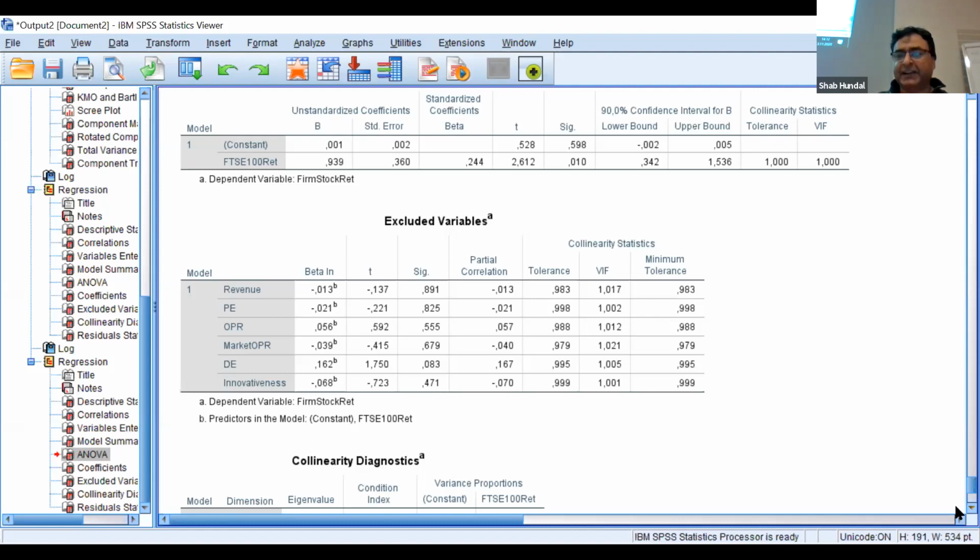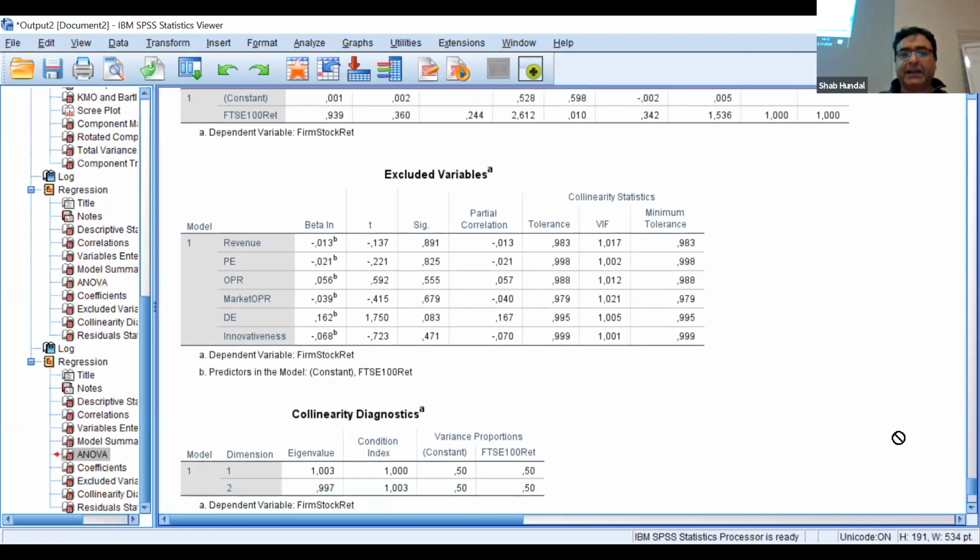There is nothing else I need to show you except that there is a VIF, the variance inflation factor. I would say it should be less than 5. In many ways, I compare SPSS output to a medical test.